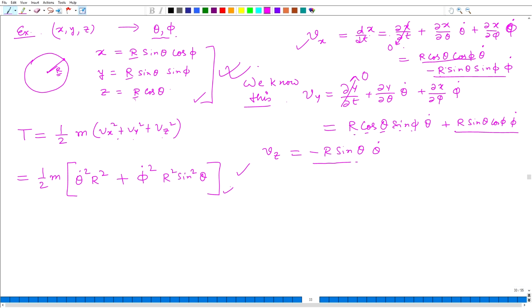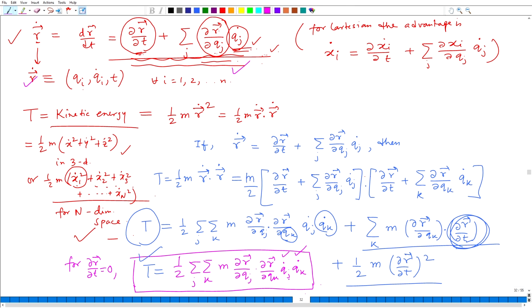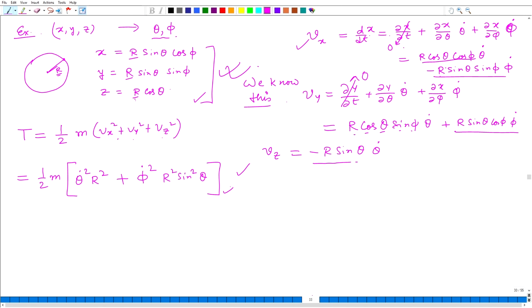Exactly when the generalized coordinate systems will come into play is in those summations. Okay. For example, once again j is 1 to small n, k is equal to 1 to small n. Okay. Now, before ending this lecture, I will give you some tasks to do as usual, and I want you to try that.